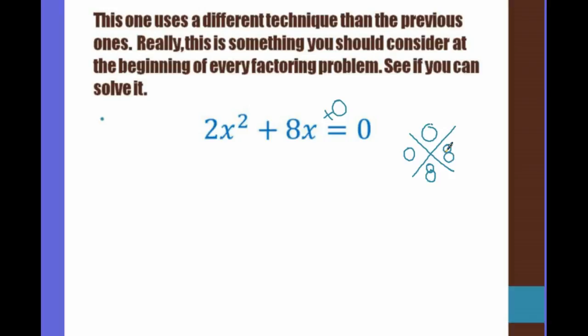Again, it doesn't matter what order you write them in when you do your grouping. So you could do 2x squared plus 0x plus 8x plus 0 equals 0.